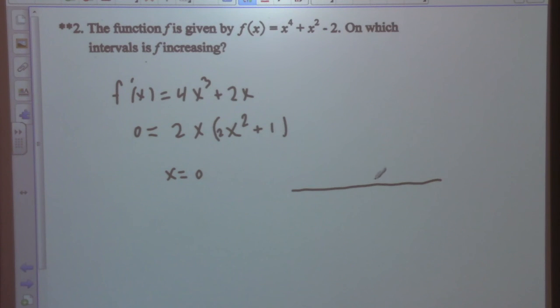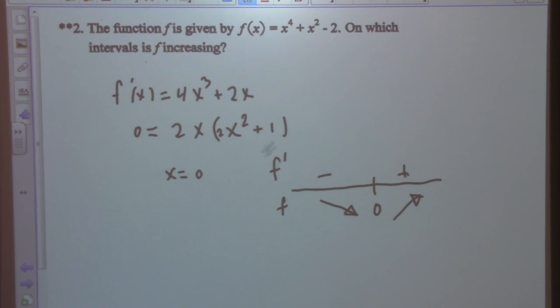So 0 being our only critical number, we put f prime up here and f below. Now you know this is always positive, and this is going to be negative over here. So we're decreasing here and increasing here.